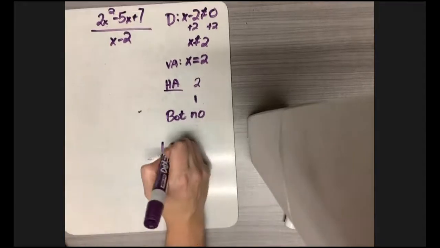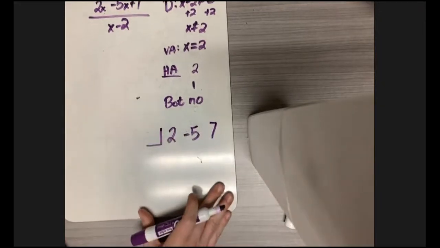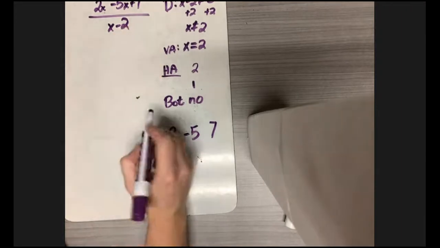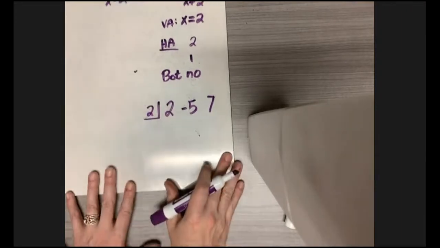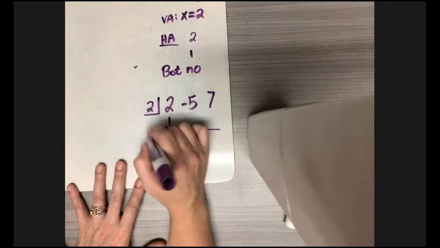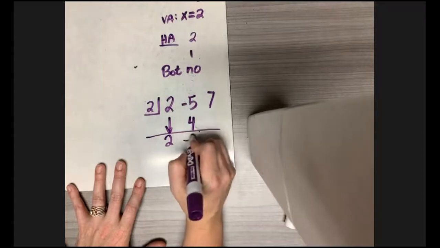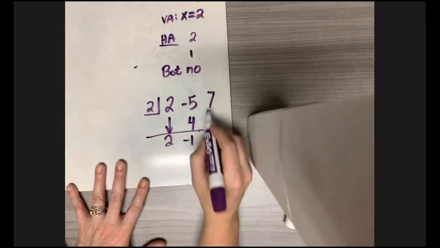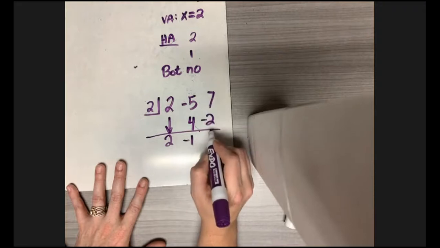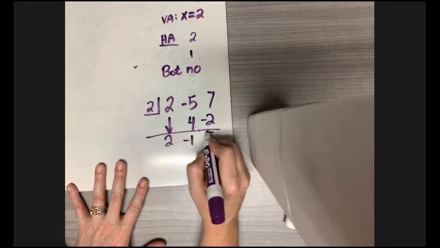So I'm going to put my 2, -5, and 7 right there. Again, opposite end of the box, so we're going to put a positive 2. And then we're going to run our synthetic division. So I'm going to drop a 2. 2 times 2 is 4. -5 plus 4 is -1. 2 times -1 is -2. 7 plus -2 is 5.